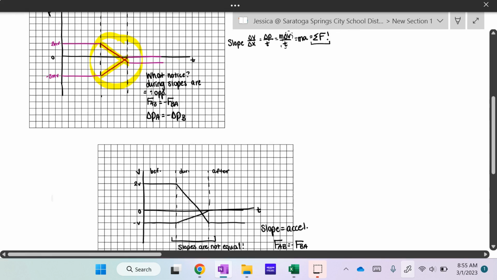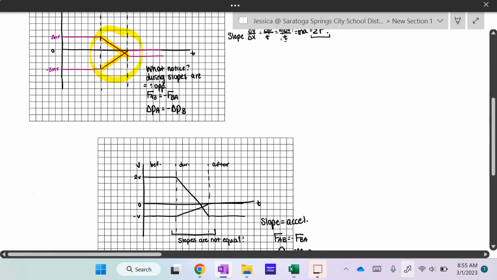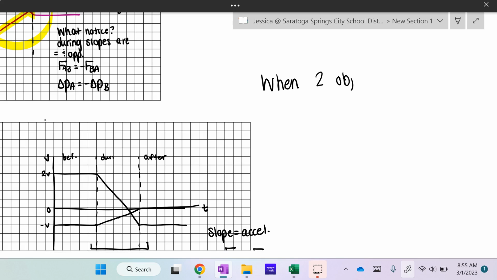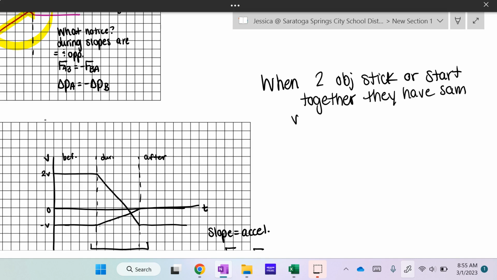Some things to keep in mind when graphing these conservation of momentum problems is when two objects stick or start together, they have the same velocity.